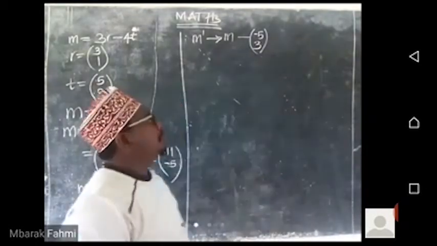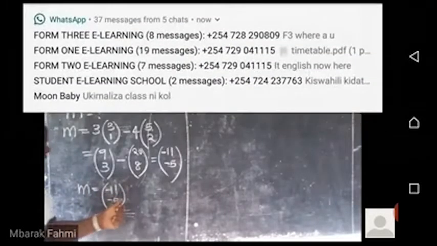Now, we have the object here. The object is (negative 11, negative 5). That one is the object.